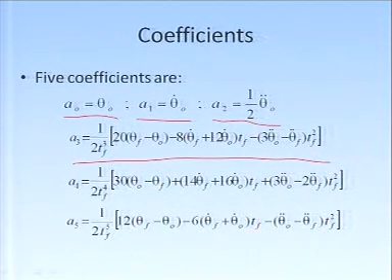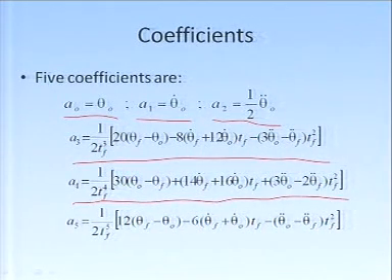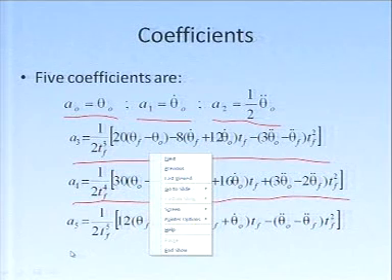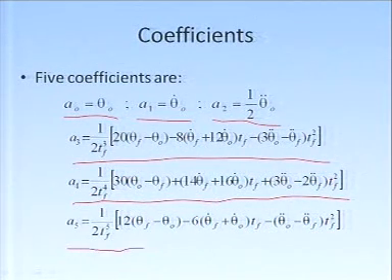They are not very difficult. If you try to check whether the results are correct or not, you can do it very easily. And then the last one, A5, is this much.